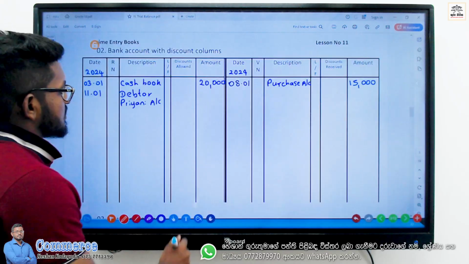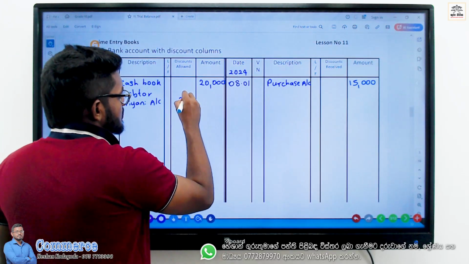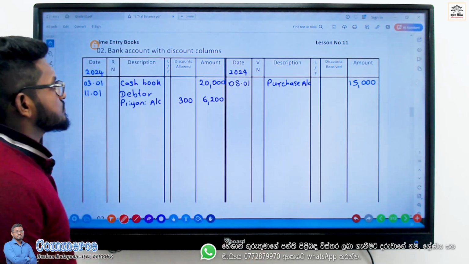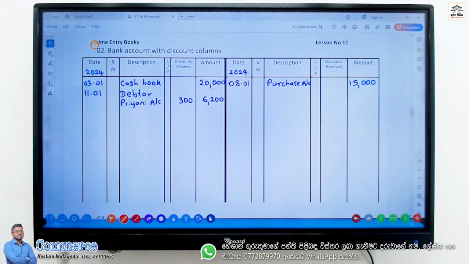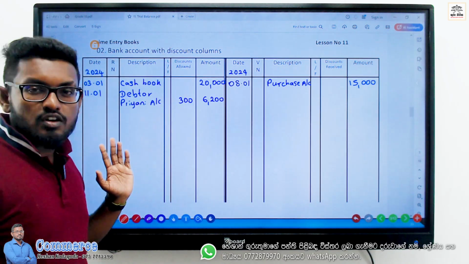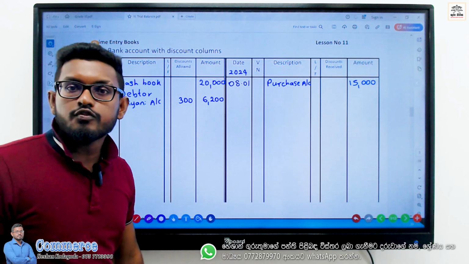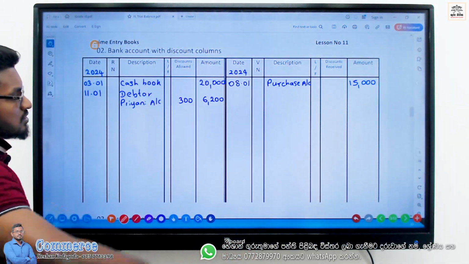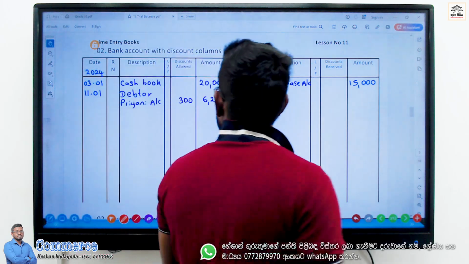So 300 is the allowed discount and 6,200 is the value. Quickly go to the debtor. Since discount columns are not performing the dual function, we are recording it at the end of the month. Till then we credit the debtor Priyani account 6,200.